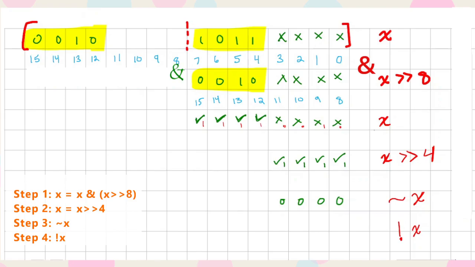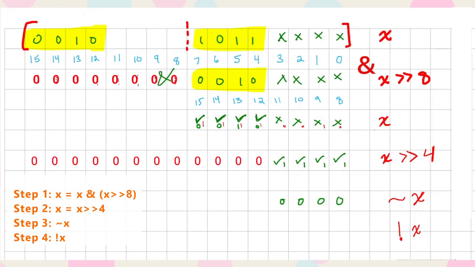Yeah, I would end up with this. From here, these check marks would sadly be zeros. If I shift it to the right, these would sadly be zeros. If I then flipped it, it would look a bit more like this. And these are very, very true. There's very many 1s there. So the not of truth is falsehood.